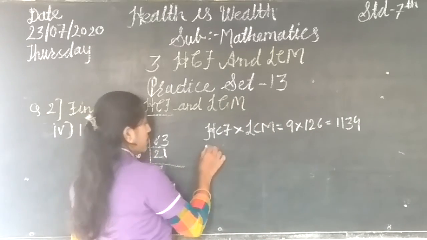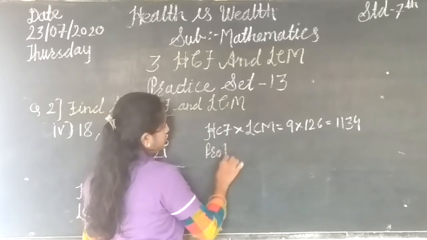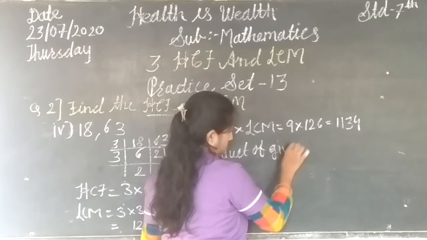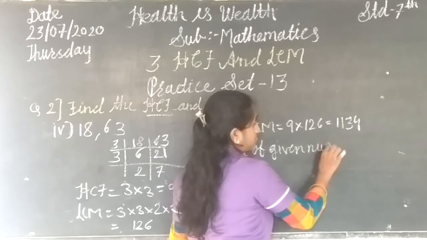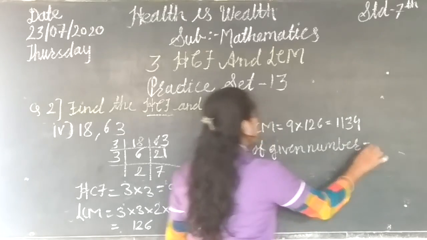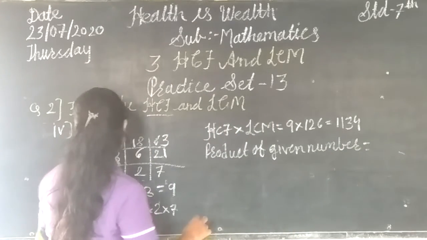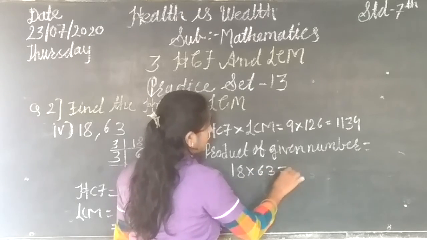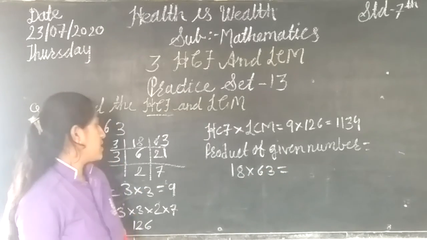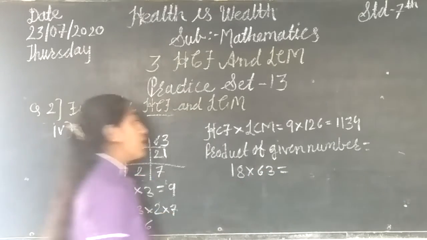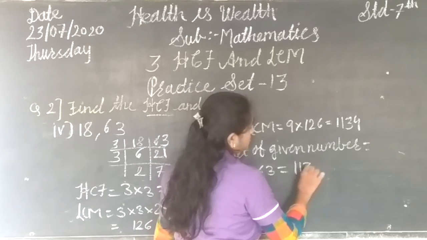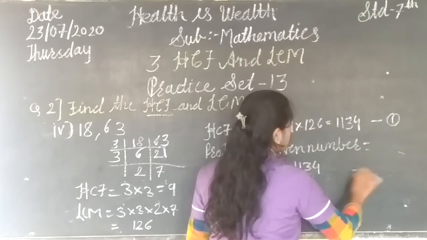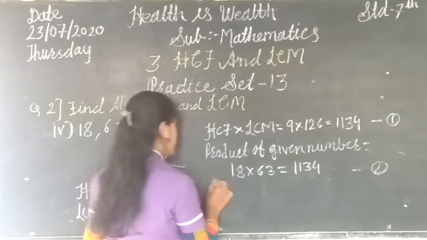Okay. Then the product of the given numbers, which are 18 and 63. When we do the multiplication of these numbers, again you get the same number, 1134. Okay, this is our equation 1, this is our equation 2.